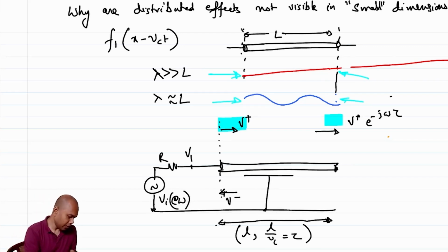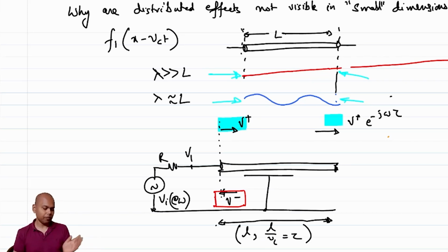Now what about the reflected wave? Note that the definition of the reflected wave is V superscript minus at the input edge, right? Which means this reflected wave is essentially coming from the other side of the transmission line.